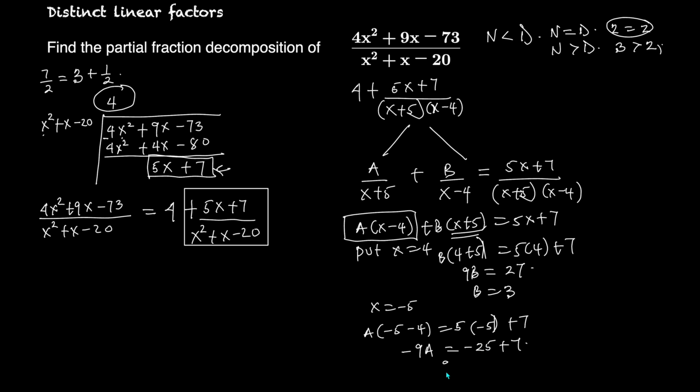So negative 9a equals negative 18. And so a equals 2. Okay. So therefore, this can be written as 4 plus a, which is 2 over x plus 5, plus b, 3 over x minus 4.